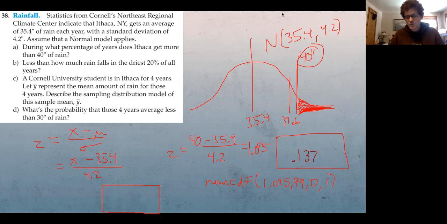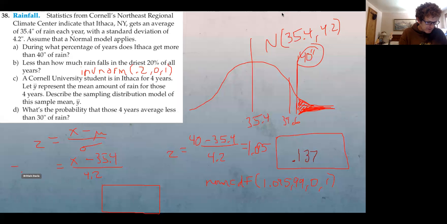We already know the percentile is 20, so I'm going to use inverse norm with 0.2 as the area, and then of course the 0 and 1 model. So now I can get the z-score, which is negative 0.8416. And now I can just do some basic algebra to solve for the missing value.